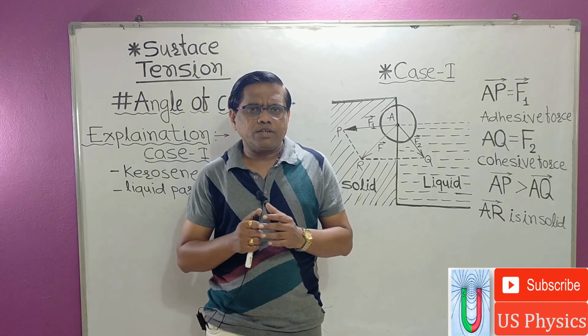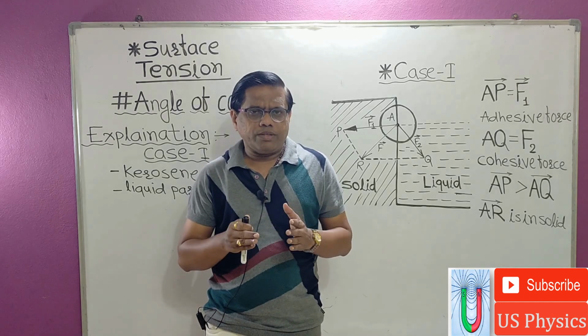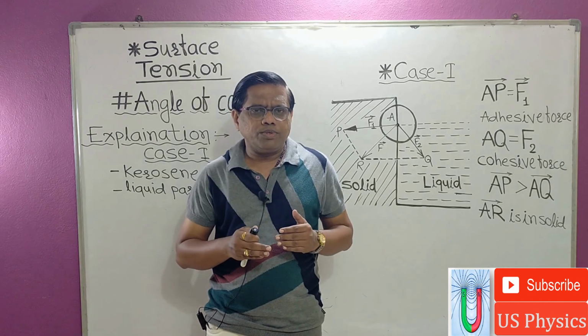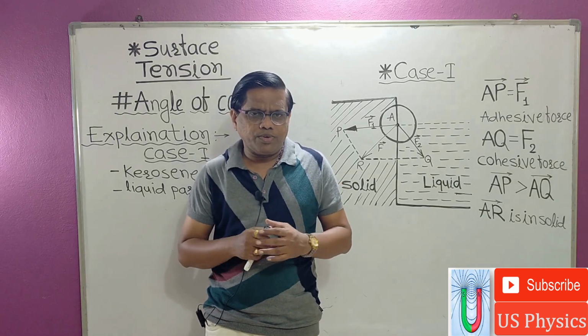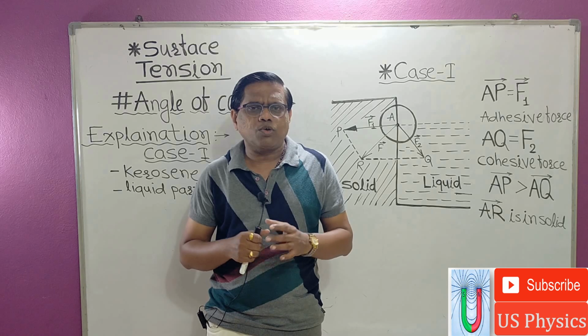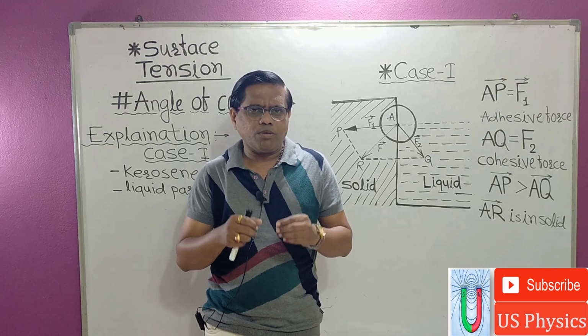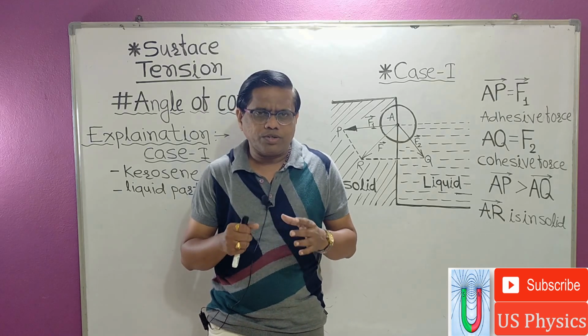So in today's lecture we will learn when the meniscus of the free liquid surface, or the curved shape of the free liquid surface, is concave when seen from upwards.